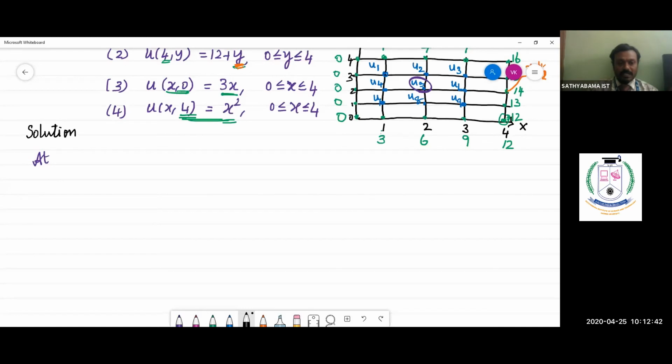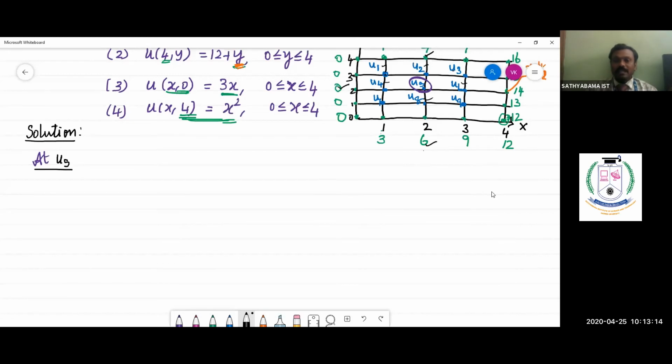We have just done with constructing the mesh for the given boundary conditions. At U5, the 4 neighboring values U2, U4, U8 and U6 are not known. But you move one step ahead, and we know these 4 points.